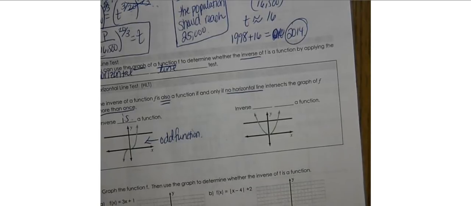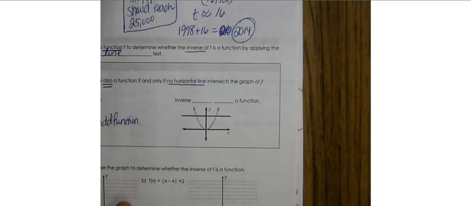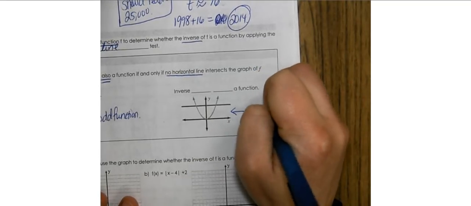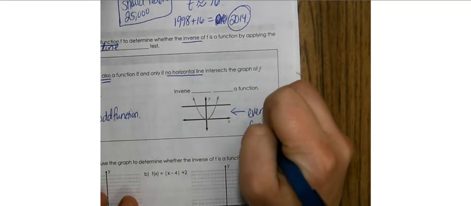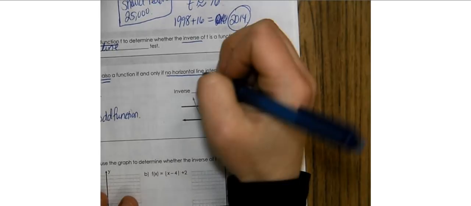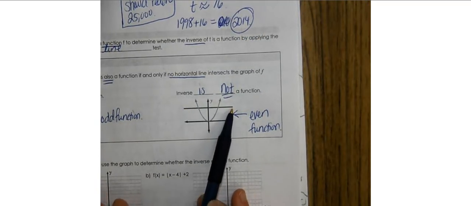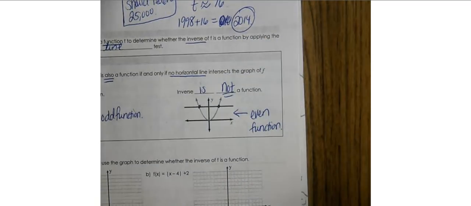In this case, we have ourselves an even function. Just look at the end behavior. And in this even function, the inverse is not a function. That's because there exists a horizontal line that can cross the function at more than one point.